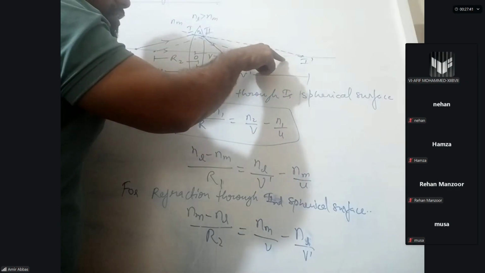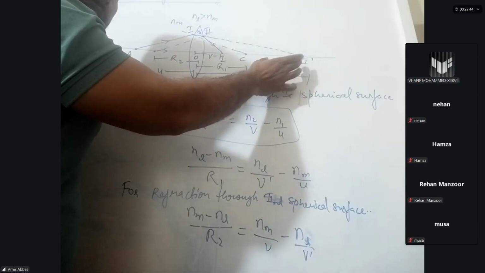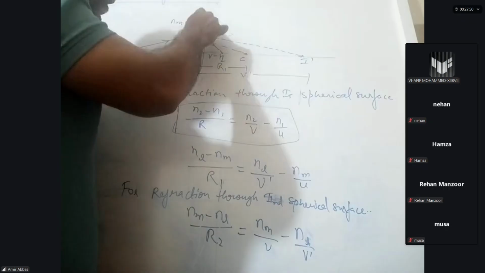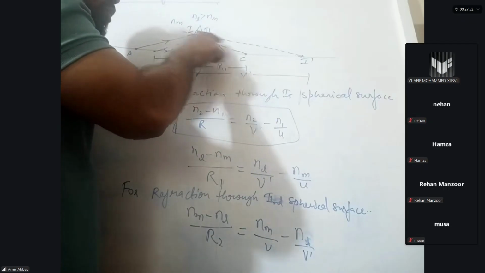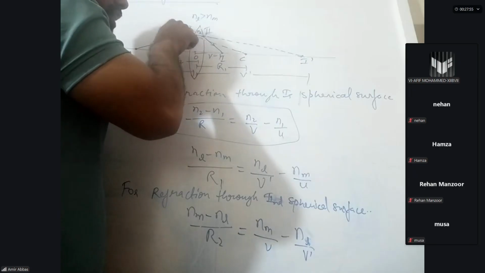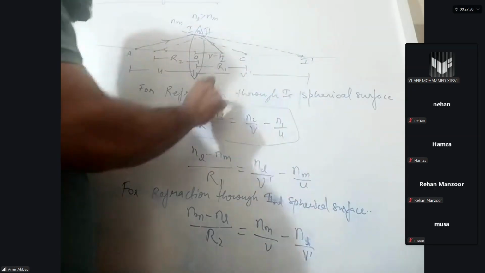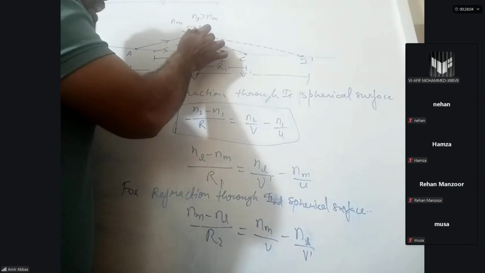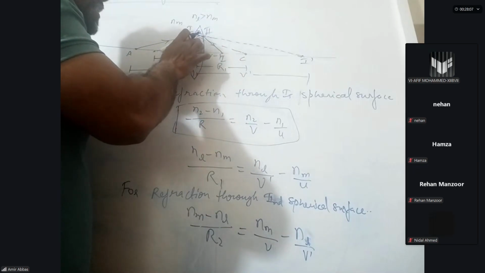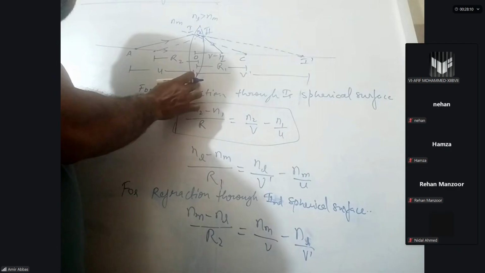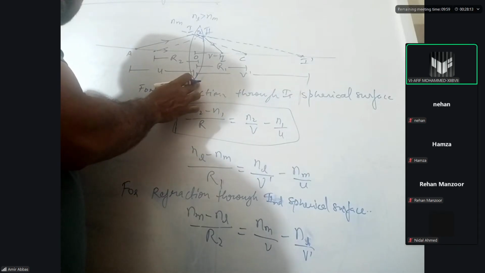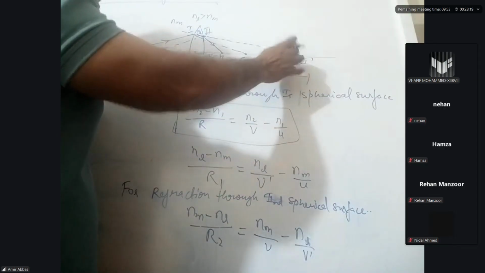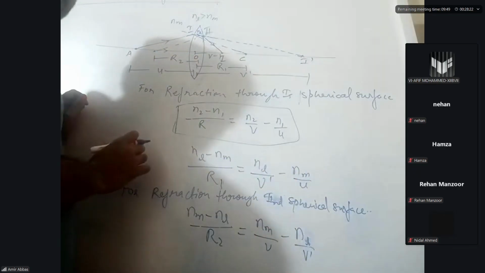Where it intersects the principal axis, that point is said to be the image. Refraction is occurring through the concave part of the curved surface, due to which it appears that the light ray is coming from this point. Have you got this, beta?